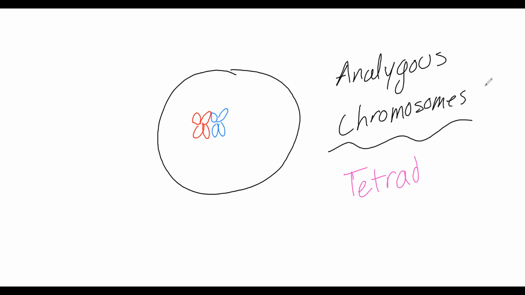So now we need to do the next step, right? We've duplicated our DNA, we've paired up our analogous chromosomes, and we've made a tetrad, right? All of this happens during prophase 1.